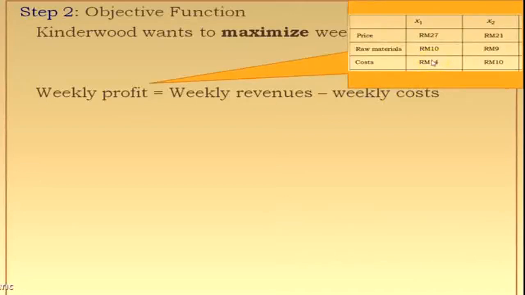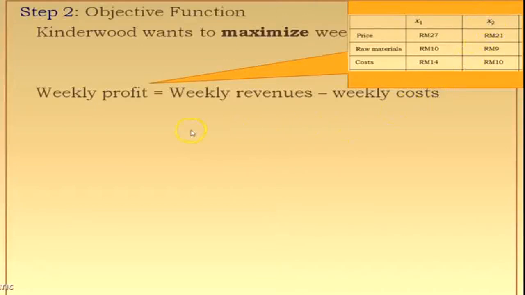The weekly revenues or weekly income is 27 ringgit times the number of wooden trucks produced per week plus 21 ringgit times the number of wooden cars produced each week.